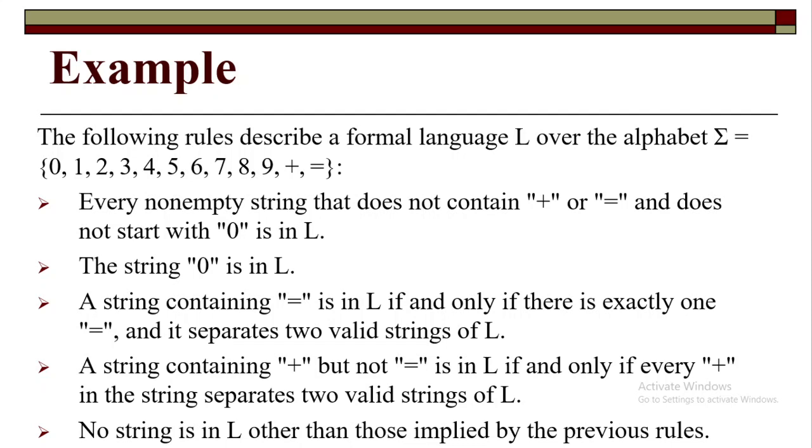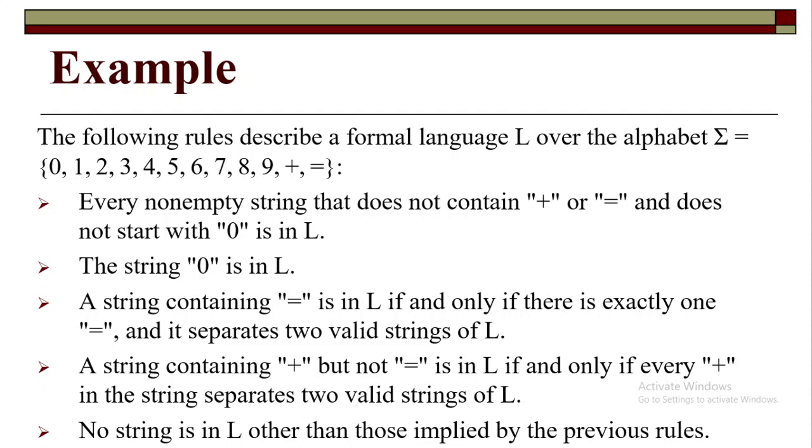So the first rule is that a string does not contain the plus or equal to symbol, and it may not start with 0. That is, every non-empty string must start with the numbers 1, 2, 3, 4, 5, 6, 7, 8 or 9, and it cannot contain the symbols plus or equal to. Then there may be a string that is 0, that is only one 0, in L.